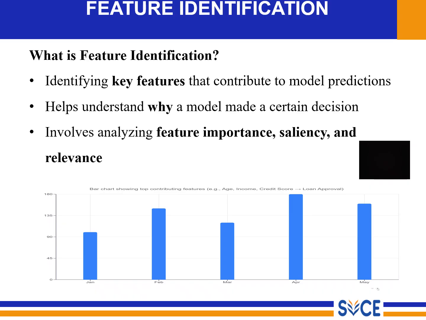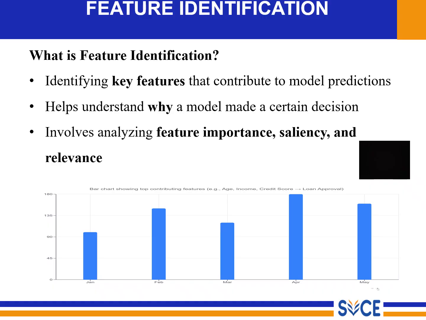In machine learning it is the same. Feature identification means finding out which input features contributed the most to the model's decision.